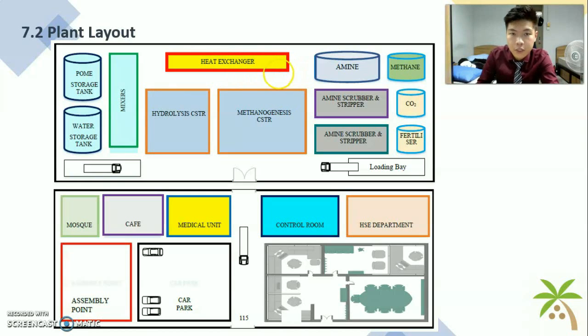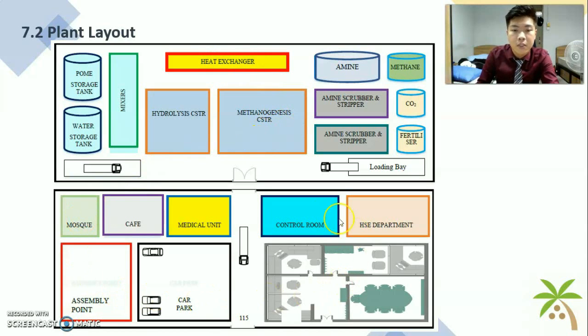If we put all the units surrounding the heat exchangers, the temperatures of all the surrounding units will be affected by the very high temperature process of the heat exchangers, and vice versa.